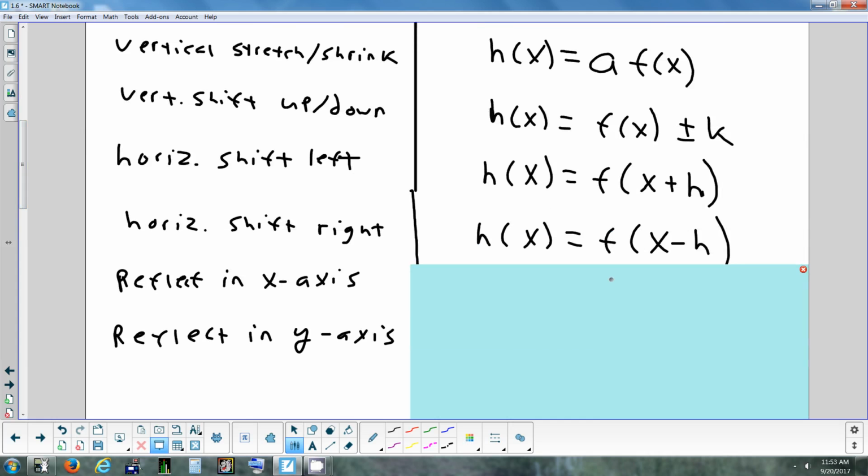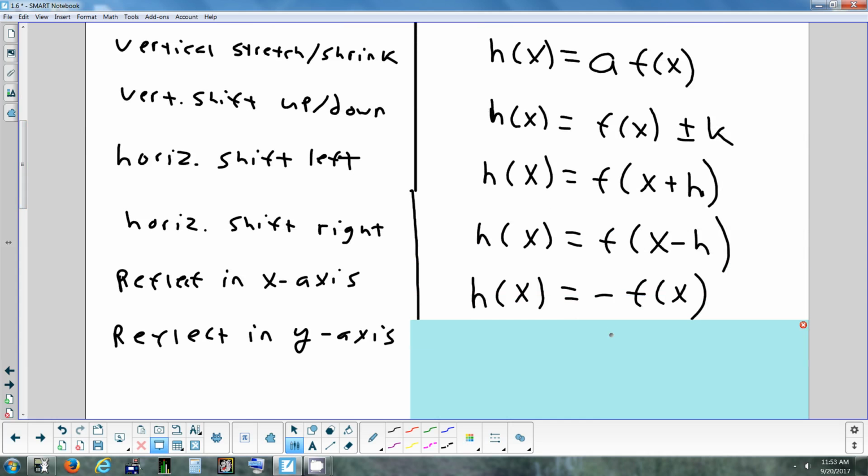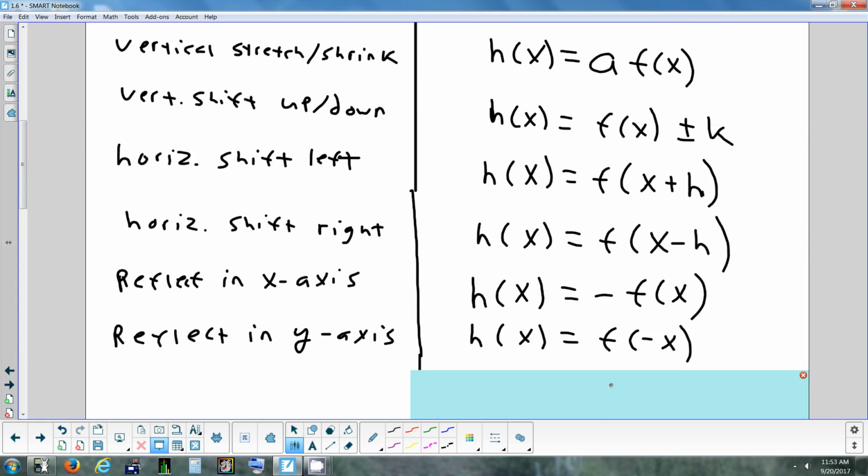And the last 2 things we talked about were reflections. If you put a negative in front, that will flip the graph over the x-axis. If you put a negative on the inside, that would flip it over the y-axis. This is the one we didn't look at a lot yesterday because parabolas are symmetric over the y-axis.